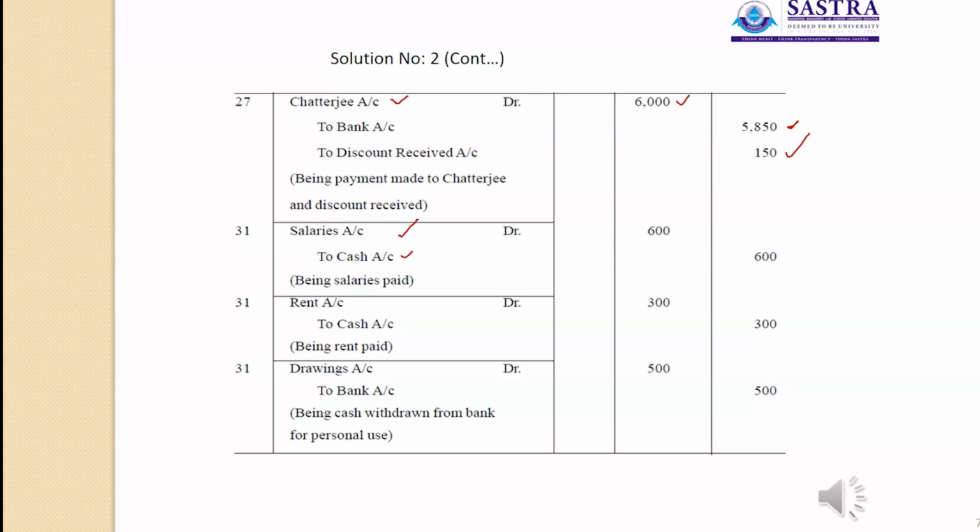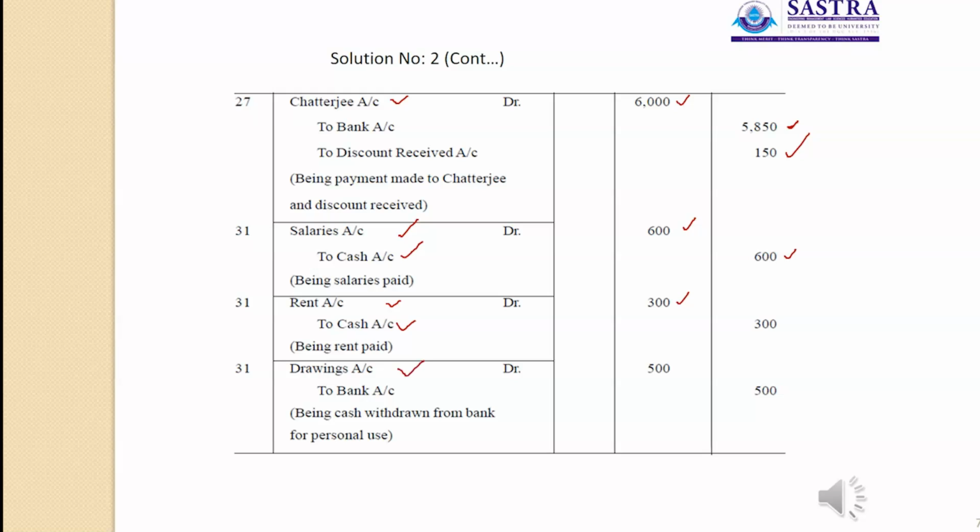Next transaction is salaries paid. Salaries account debit rupees 600, cash account credited rupees 600. Then next one is rent paid. Rent account rupees 300, cash account rupees 300.